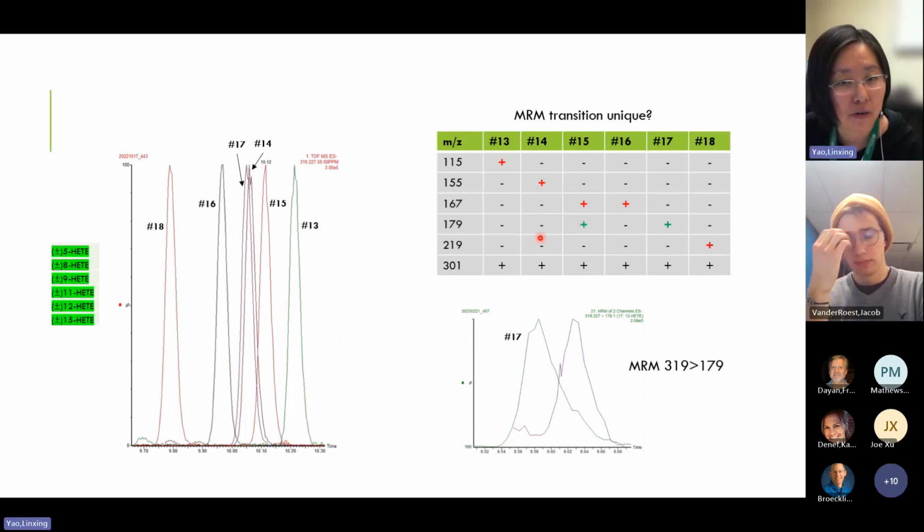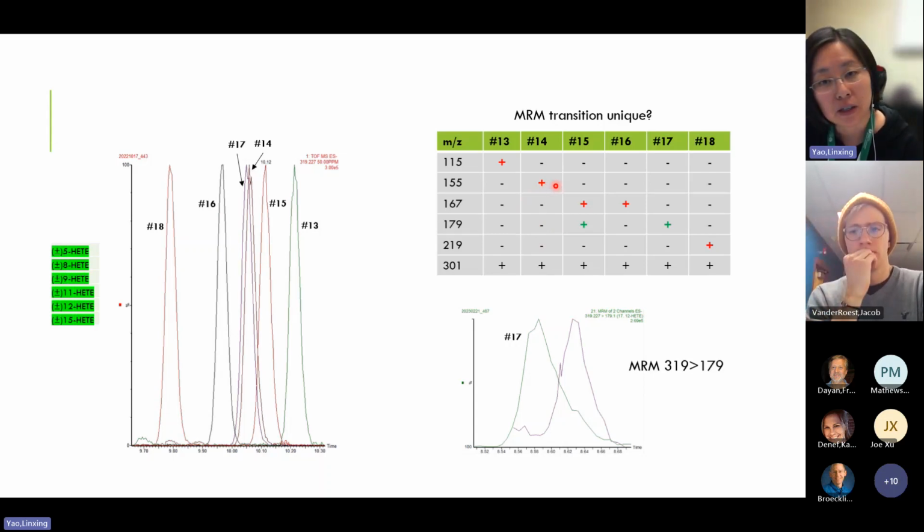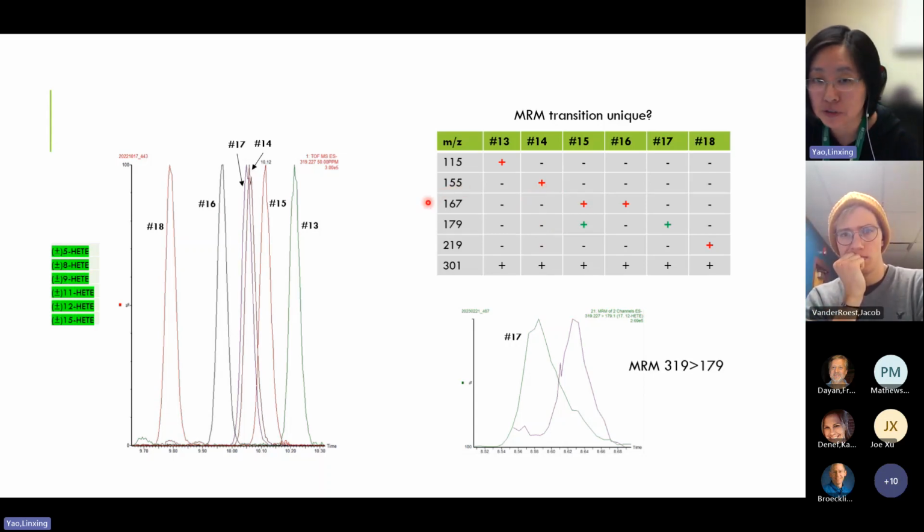For peak 14, for example, we found a unique fragment, 155, that's not shared by any other peak. So we can use this MRM channel to specifically quantify peak 14, even though it almost completely overlaps with number 17.